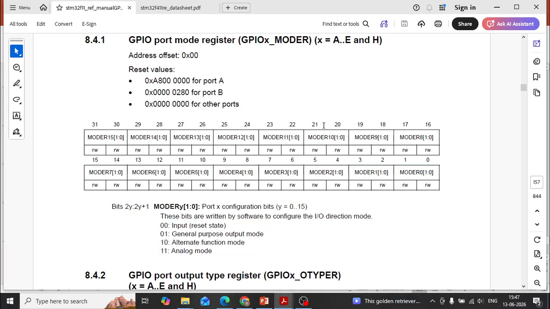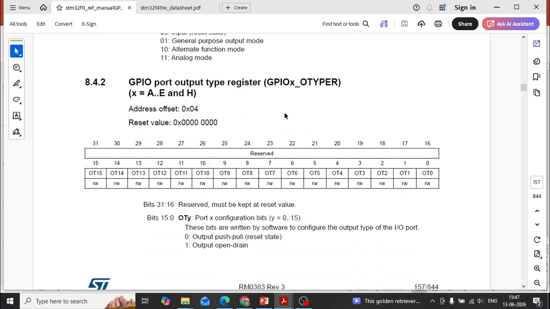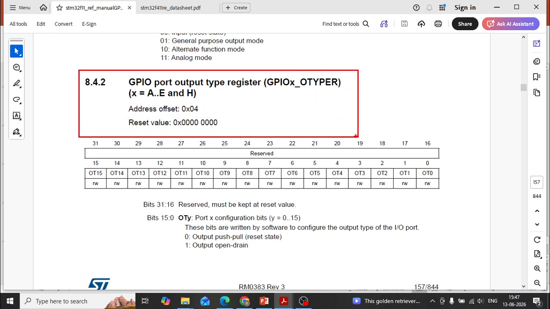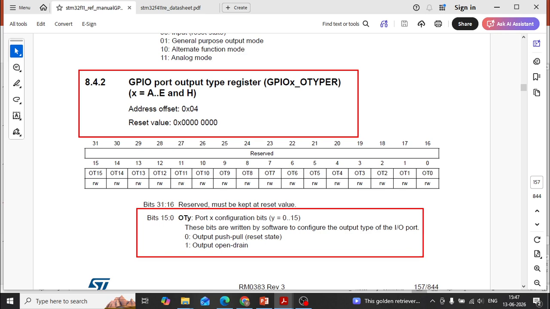I'll take you to one more register, the output type register. You can see here there is a register called the output type register, OTYPER. What is the use of this output type register? This is used to select the output type, whether you require pull-up for the outputs or not.